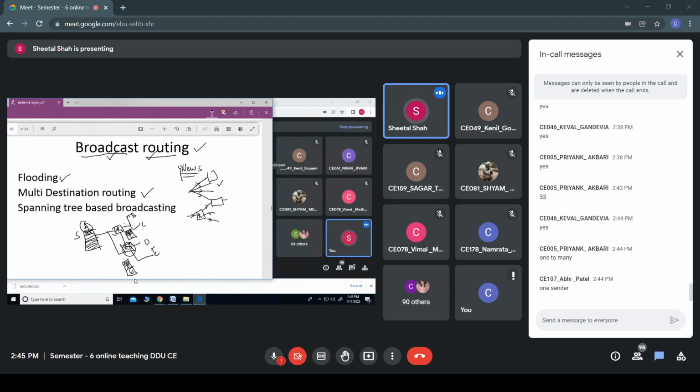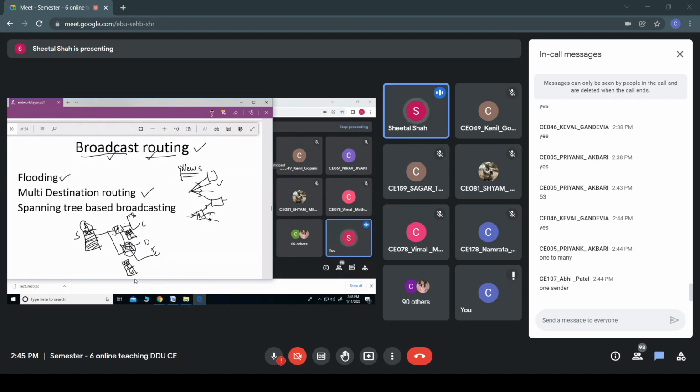So in multi-destination routing, the router finds, along each outgoing link, which destinations are connected to it.